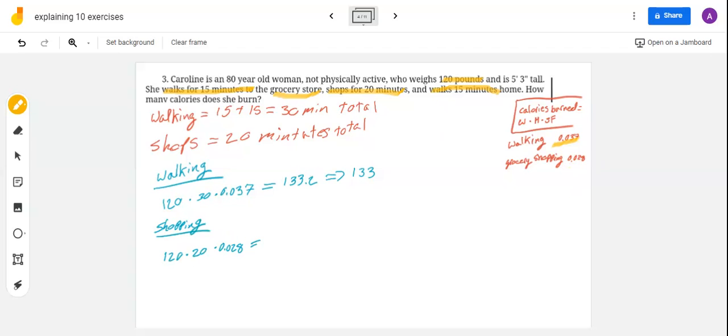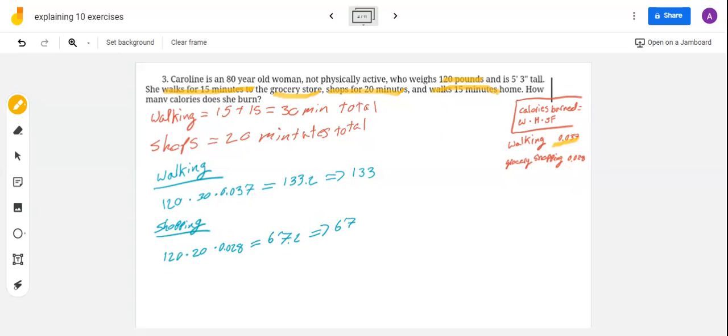If we multiply all of those together, we will get 120 times 20 times 0.028. That is 67.2. So if you round up, which you are going to want to do, it would just be 67.